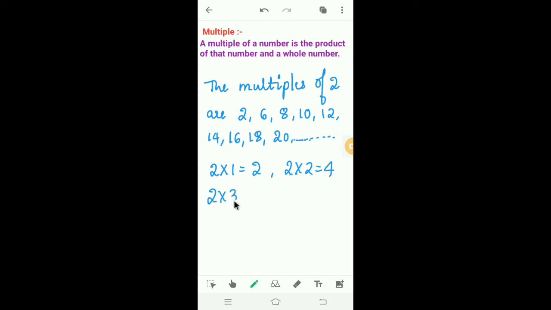Then 2 3s are 6. 6 is a multiple of 2 and 3. Then 2 4s are 8. 8 is a multiple of 2 and 4, etc. So the definition of multiple is: a multiple of a number is the product of that number and a whole number.